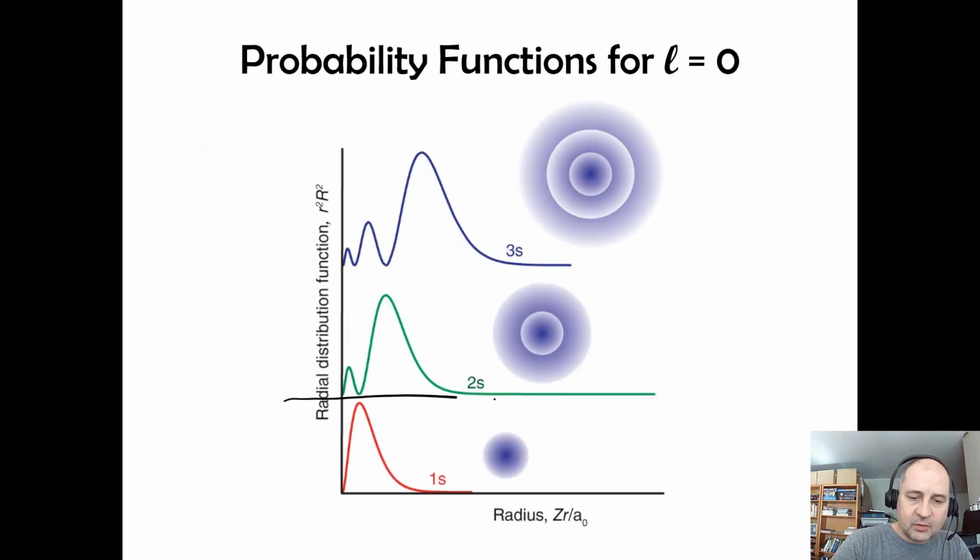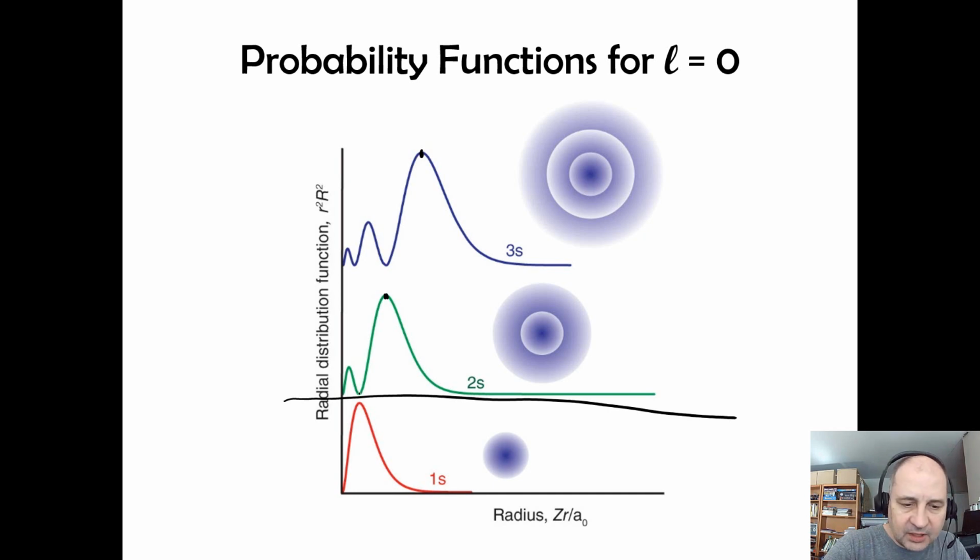So we just looked at the 1s orbital, also looking at the two higher ones, the 2s and the 3s. It makes sense that we would have our electron density shifted further away from the nucleus, right? It has to travel faster to be further away from the nucleus, and so the maximum is further away and further away for the 3s and the 2s compared to the 1s.